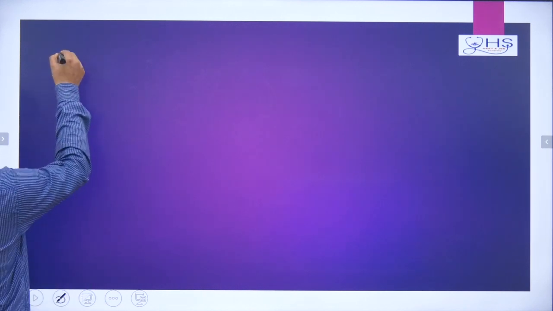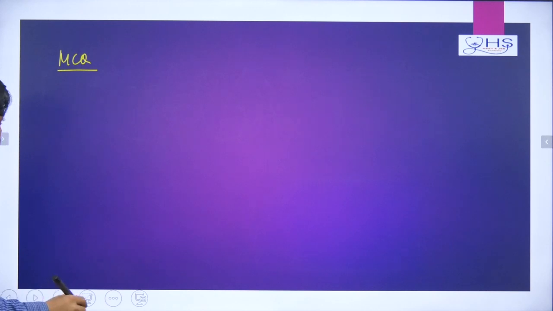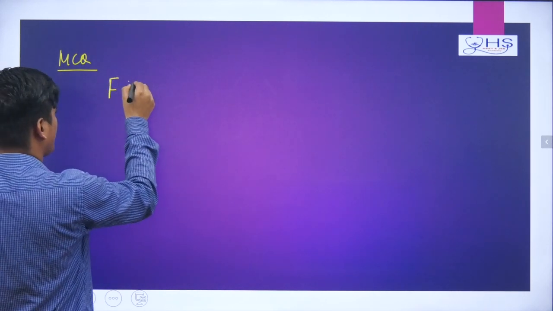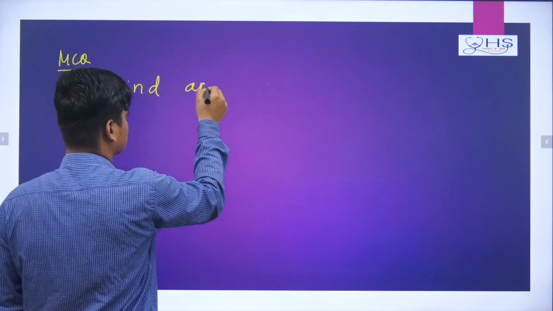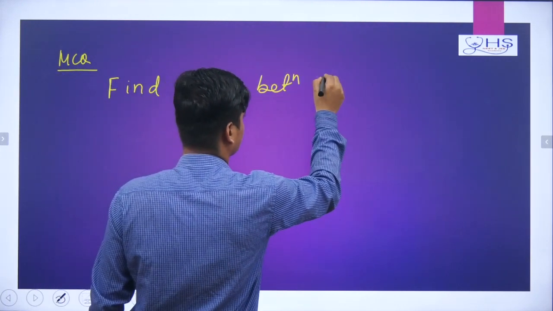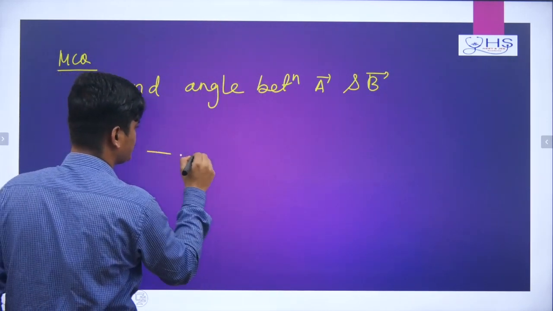Now here we will do some MCQ questions under this. Suppose I have a figure, find the angle between two vectors, the a vector and the b vector. Here one picture is given like this.